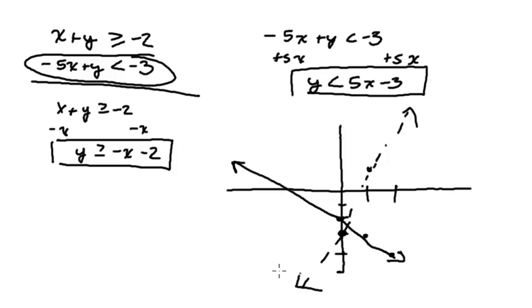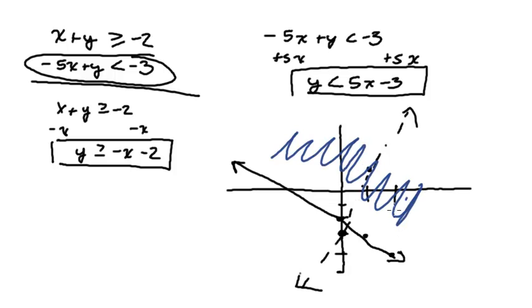Okay, so now we need to go back and look at our equations, and we see that this first one, which was our solid line here, had y greater than. Well, if y is greater than that, then it means the points above, because y greater than will be above. So I'm shading in above that line with blue.